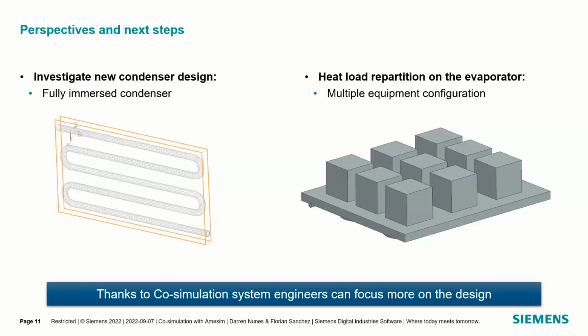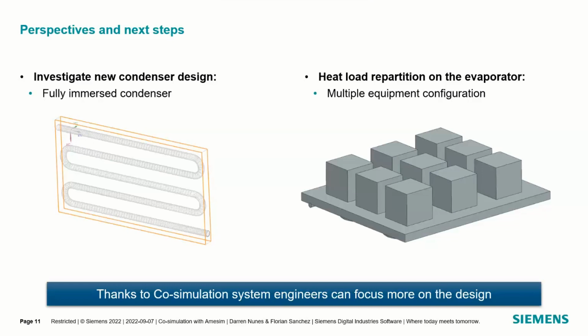Another thing, to get closer to the use case that Darren introduced in the first slide, is to consider multiple equipment configurations, to really leverage the 3D aspect of SimCenter 3D by investigating the heat load repartition on the evaporator.